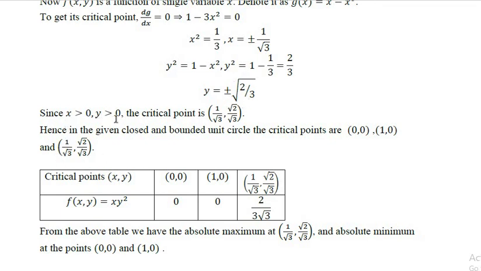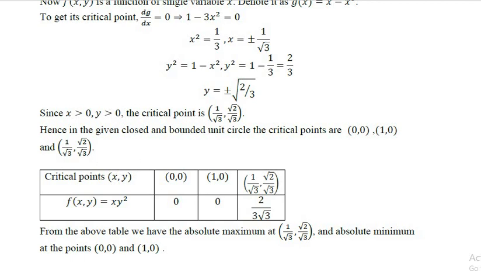Since x and y values are both greater than 0, the critical point is (1/root 3, root of 2/3). Hence, in the given closed and bounded region, the critical points are (0, 0), (1, 0) and (1/root 3, root of 2/3).